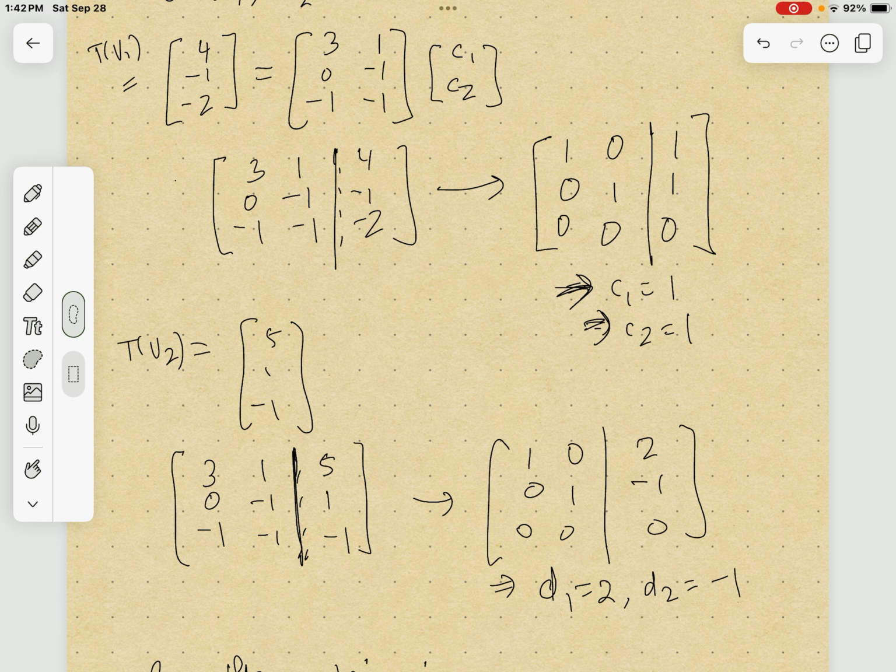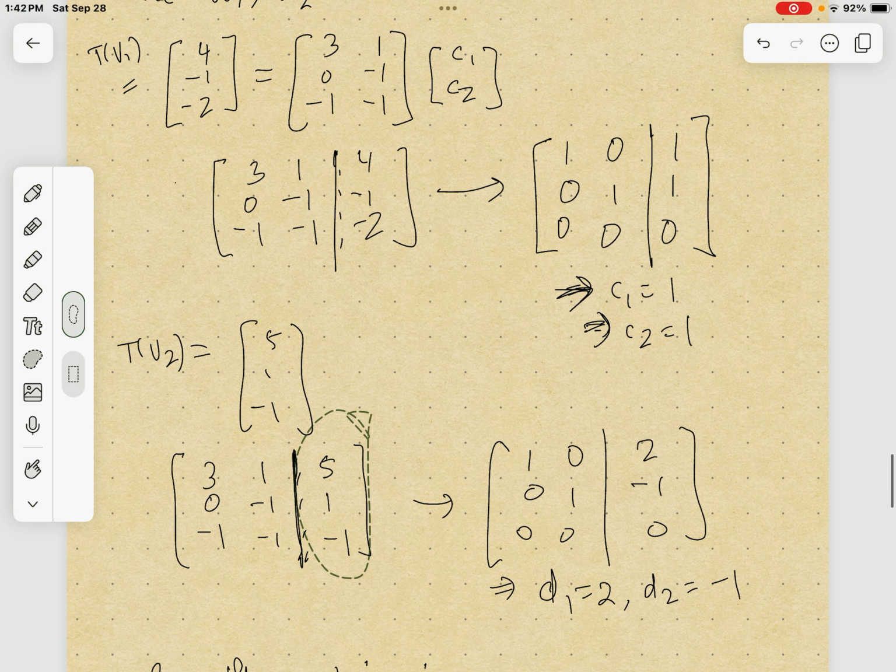You take this matrix and augment it with one column vector, and then the same matrix augmented with another column vector. You could just take this matrix and put the two columns together on the right. So you augment it with two columns and then row reduce, because you end up doing the same row reduction steps to the coefficient matrix.